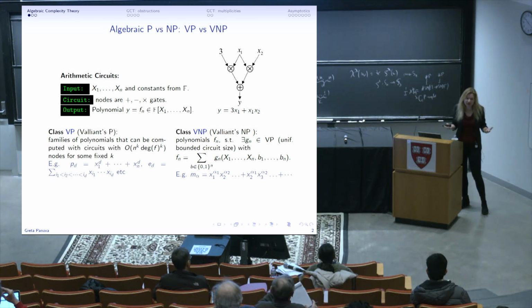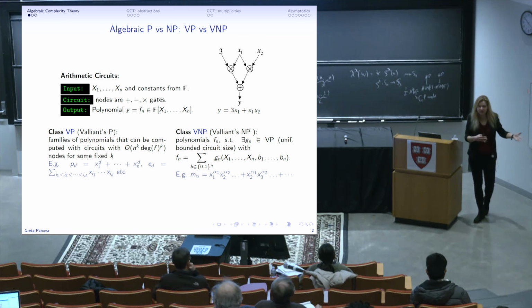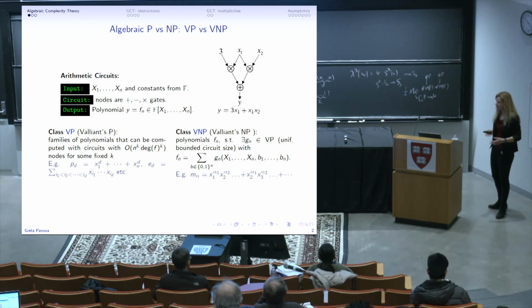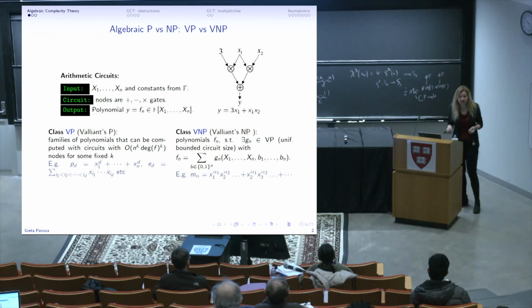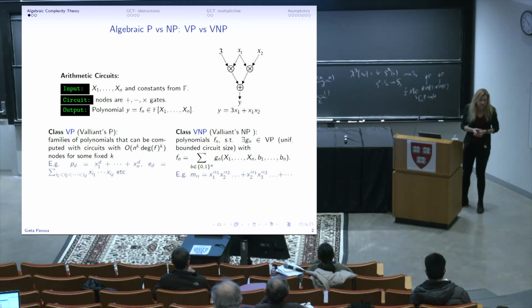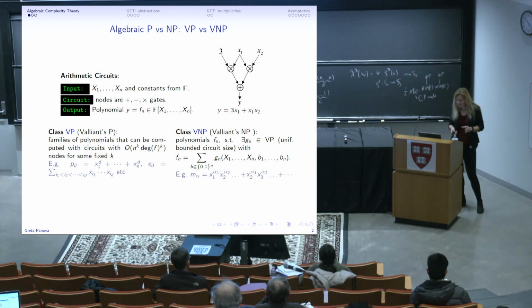But you can maybe use another basis where you can nicely write down your polynomial. But certainly, if you can actually write it explicitly in some easy presentation, then it's going to be in VNP.